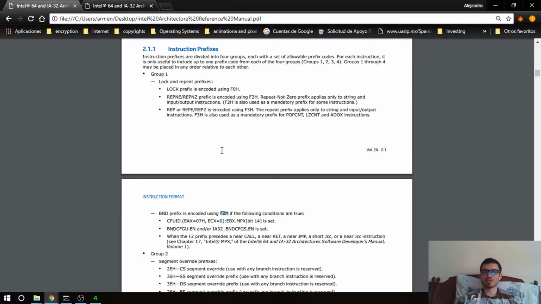My question is, can we repeat prefixes? Imagine we have an instruction that starts with a mandatory prefix F0, like a general purpose one. So it will be F0, F0, and then another opcode byte or something.